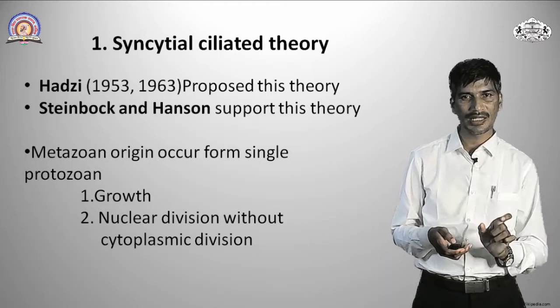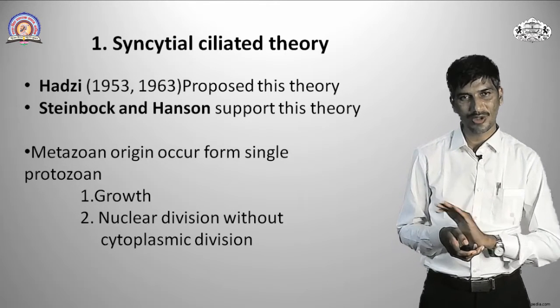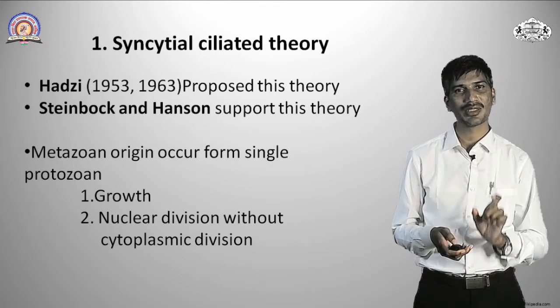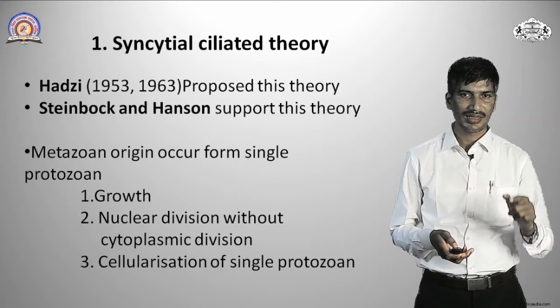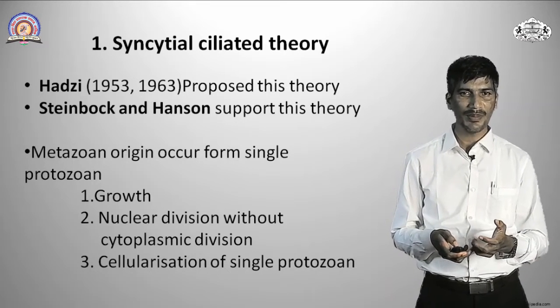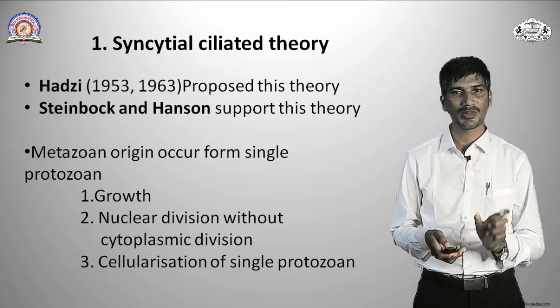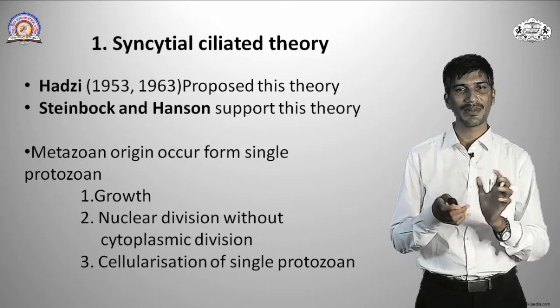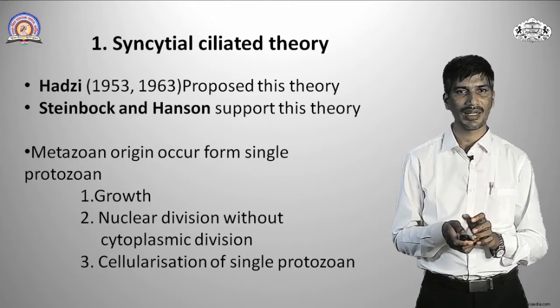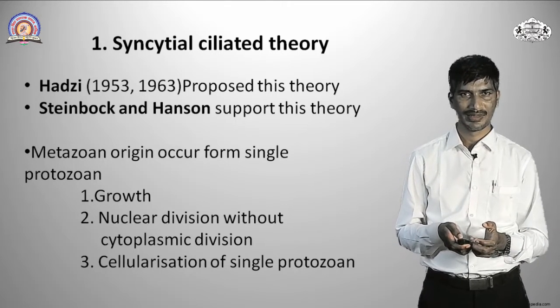Nuclear division takes place but cytoplasmic division is not found, and that mechanism is known as the syncytial process. Multiple nuclei are formed, and they undergo cellularization of the single protozoan. In a single cell, multiple cells are developed after the syncytial division.